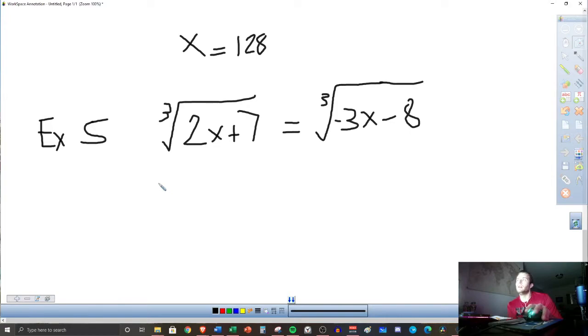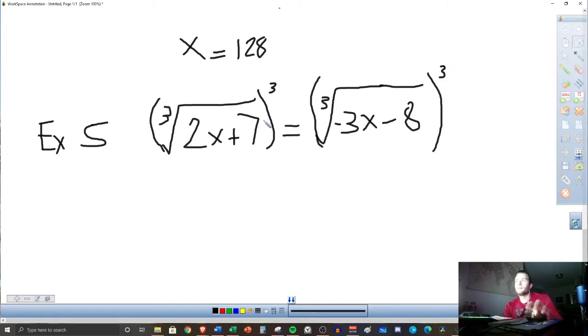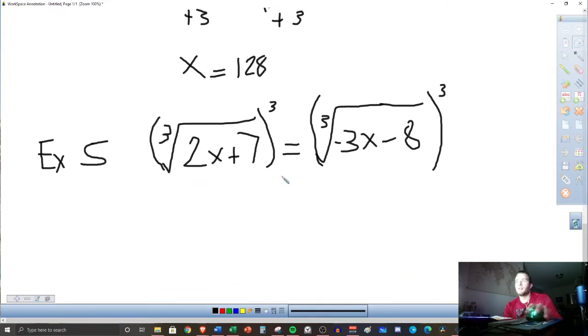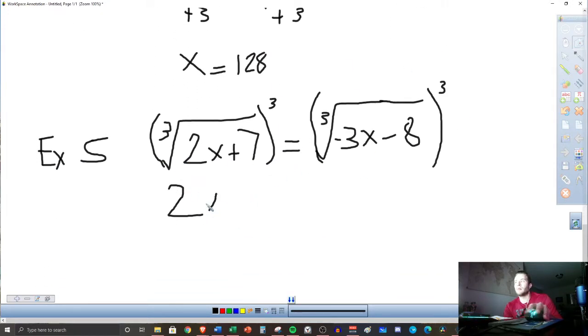Okay, so you had a chance to solve this. The first thing you should have done here is cube both sides. You'll notice that when you do that, it gets rid of both of them. Now we just have a very simple linear equation here, and you get to pick how you want to solve it.